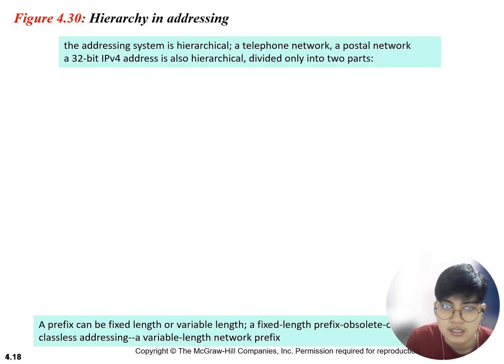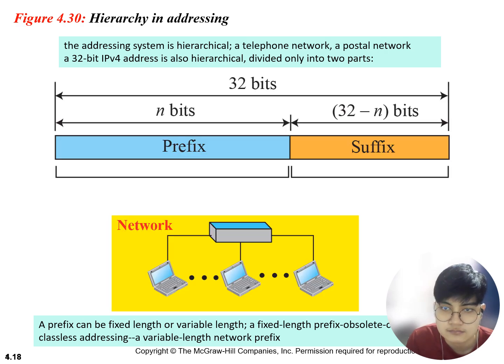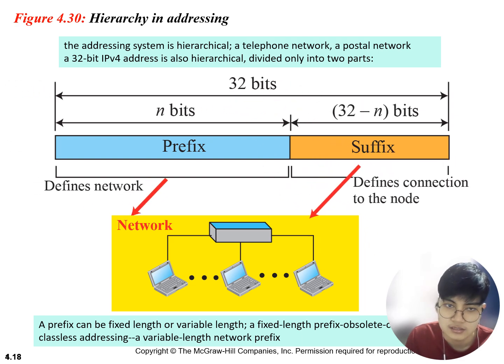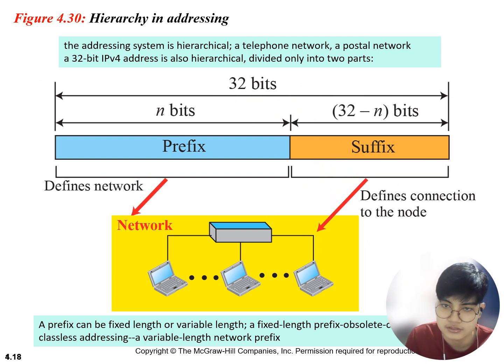Hierarchy in addressing: the prefix can be fixed length or variable length. Fixed length is the class. This tells you what the class of this prefix is, and defines the network and the connection to the node.